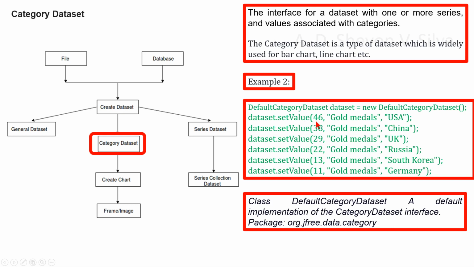Here this is the value, null permitted. This is row key, the row key null not permitted, column key, the column key null not permitted.